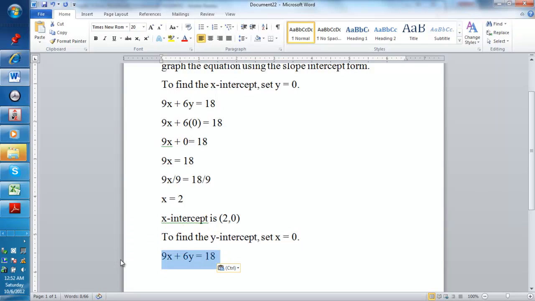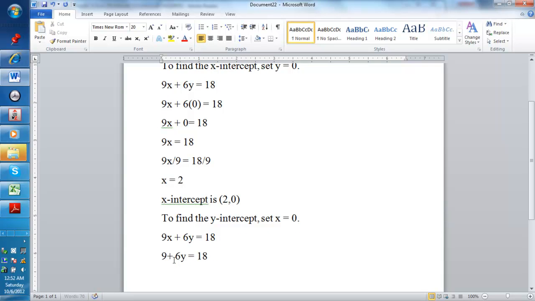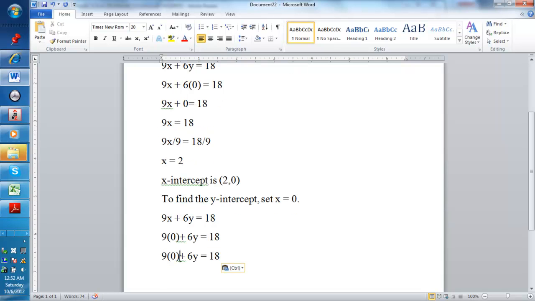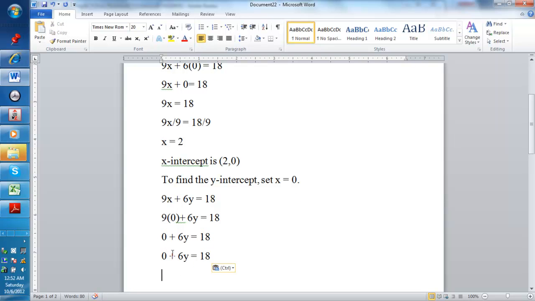This time we're going to replace x with 0. Simplify the equation. 9 times 0 is going to be 0. 0 plus 6y, that's just going to be 6y.